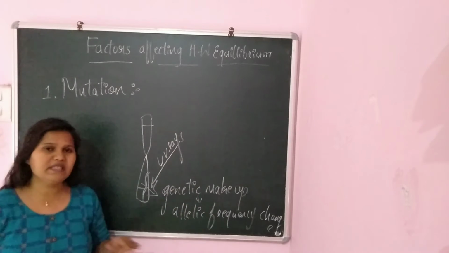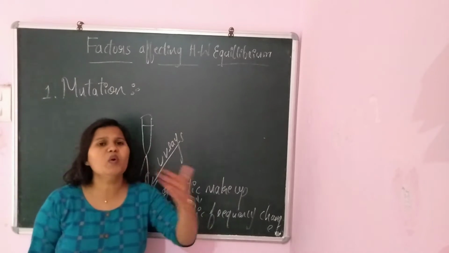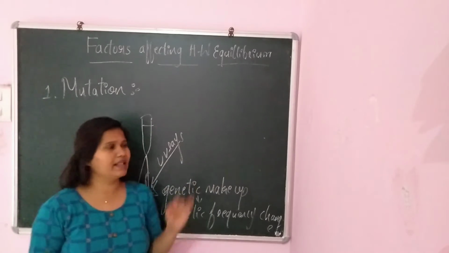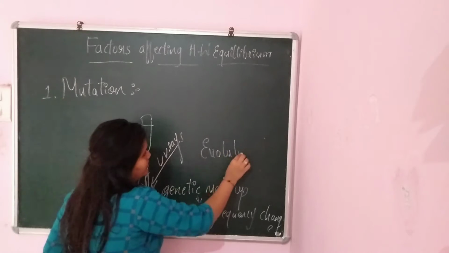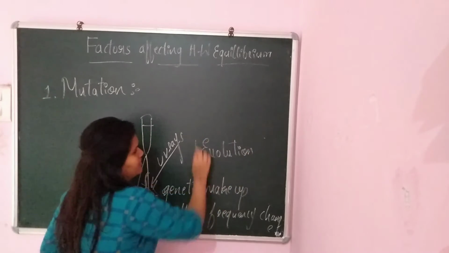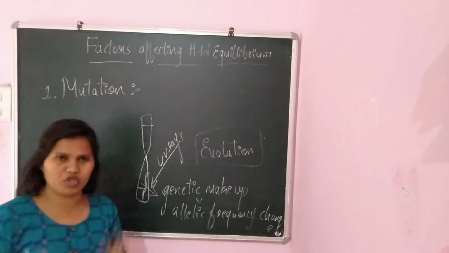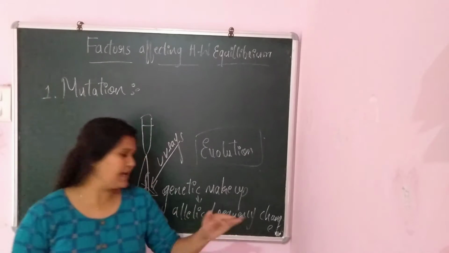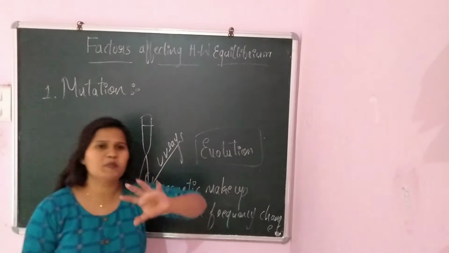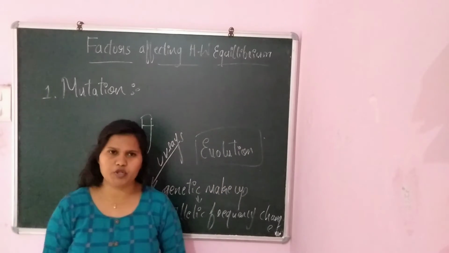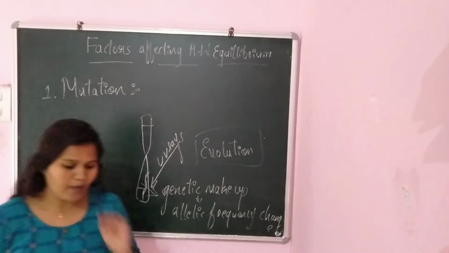When this happens, it leads to a new kind of organism and that leads to evolution. So mutation is any sudden change in genetic makeup that leads to a change in allelic frequency and that leads to new species by creating evolution. So this is about mutation.